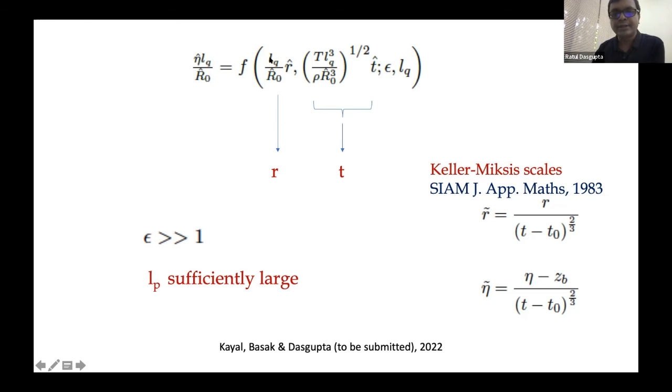If that is true, then the fact that R0 and LQ appear explicitly in these two has to disappear, and the only way it can disappear is if, instead of explicitly depending on R hat and T hat, this problem depends on some combination of these, which gets rid of LQ by R0. And that's where the Keller mix scales come in. Is that clear, Sharath? Did I answer your question?